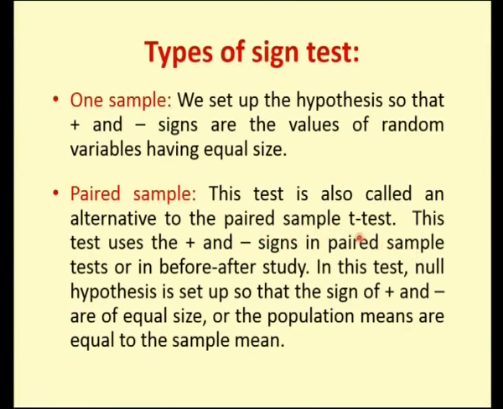That is, in the paired sample test we take the difference, then we try to do the test procedure. Here this test is used with plus and minus signs in a paired sample test or in a before and after study. In this test, the null hypothesis is set up so that the signs of plus and minus are of equal size, or the population means are equal to the sample means.